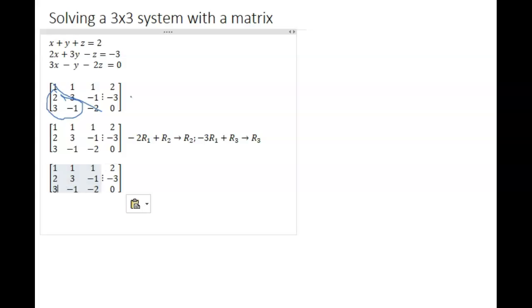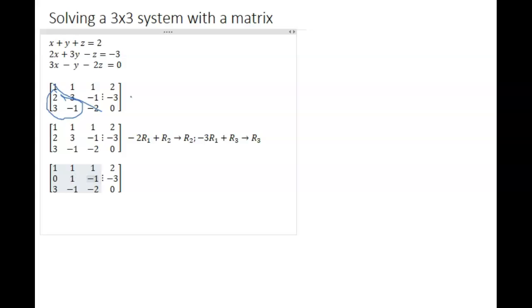Here's row 2. I'm going to multiply -2 times 1 is -2 plus 2. That's 0. We knew that. That's why we picked that row operation, so that that particular entry would be a 0. But now we have to go the rest of the way across the row. -2 times 1 plus 3. -2 plus 3 is +1.